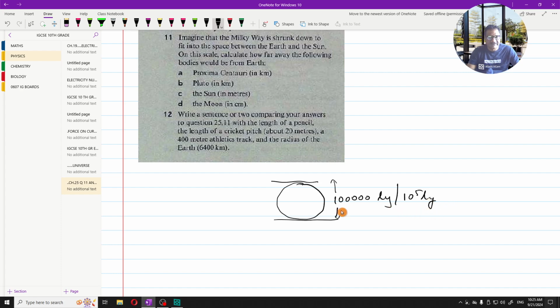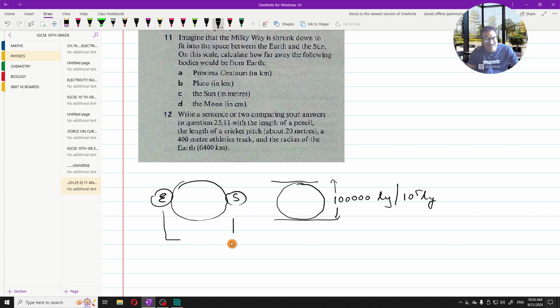Okay. Now suppose this particular Milky Way is somehow shrunk and fixed into the distance between the Earth and the Sun. Suppose this is Earth and suppose this is Sun. Now, what is the distance between the Earth and the Sun?